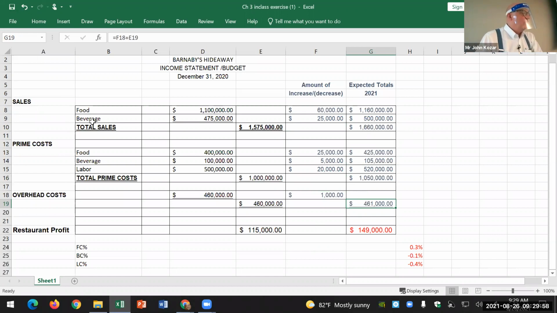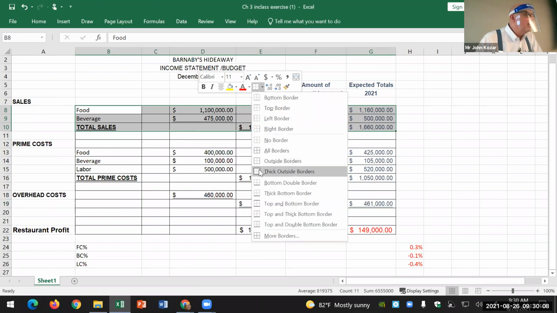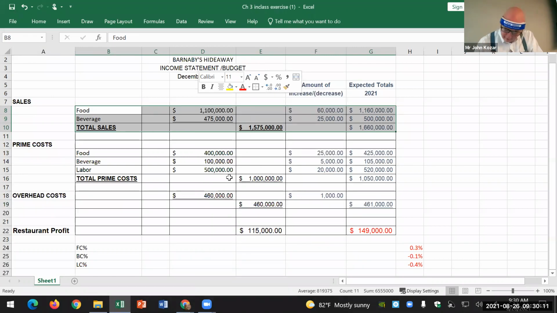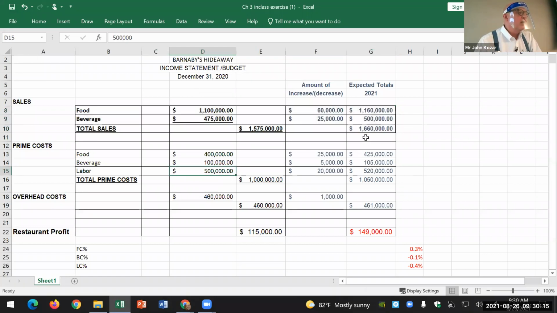Okay. We've got sales up here. That's our total sales. So for 2021, our expected sales is 1.66 million.